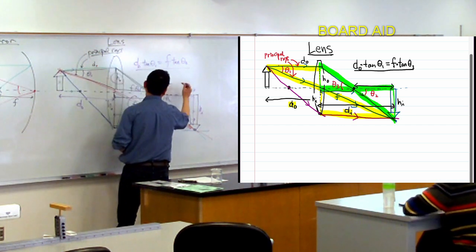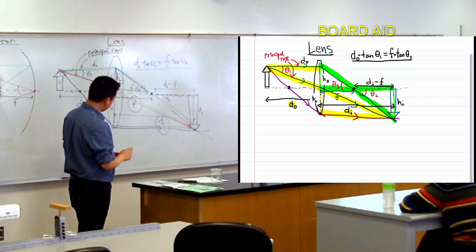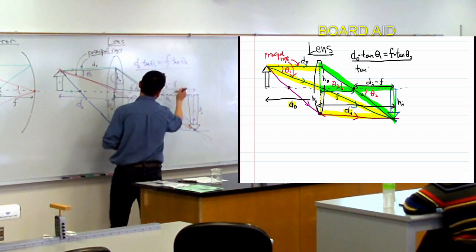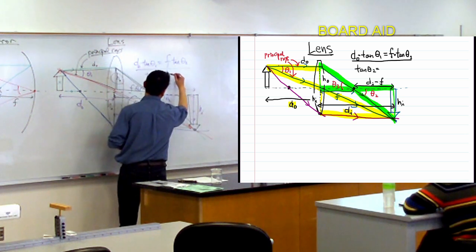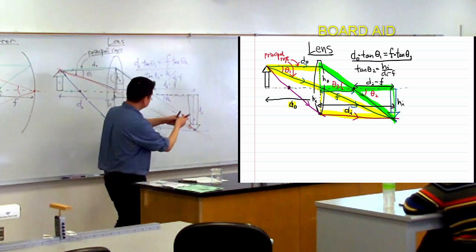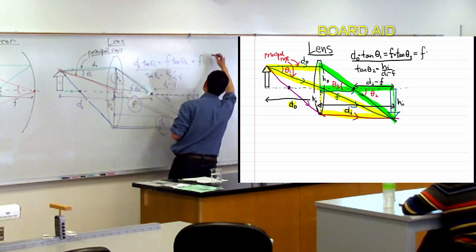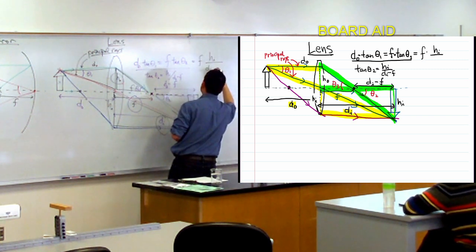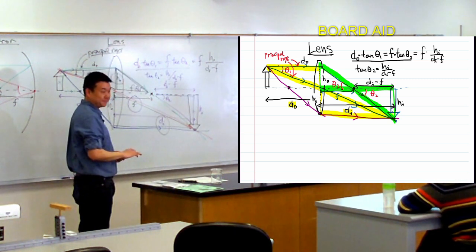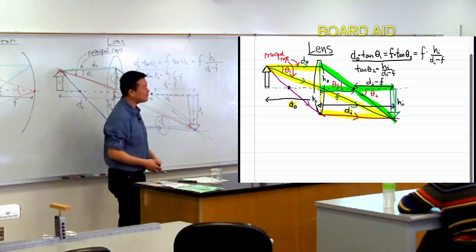Yeah, DI minus F. All right, so we can say that tangent of theta 2 is equal to the height over this, HI over DI minus F. So it's focal length times tangent of theta 2, so F times HI over DI minus F. All right, I still have two unknowns, HI and theta 1. So that didn't really help me, did it?